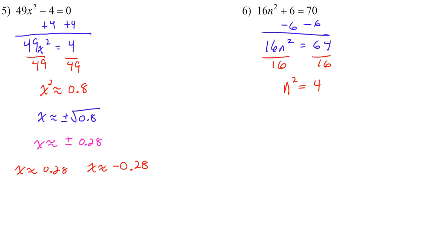So we don't want n squared, we want n. So n is positive or negative radical 4. And we know that 4 is a perfect square. So n equals positive or negative 2. So our two answers are n equals 2 and n equals negative 2.